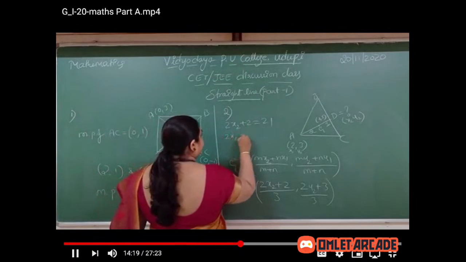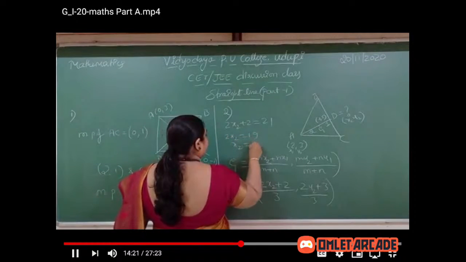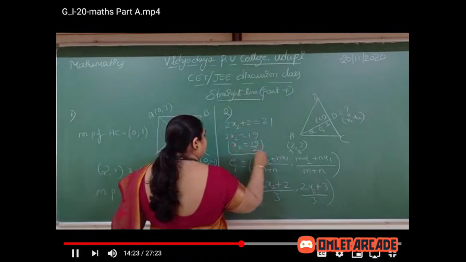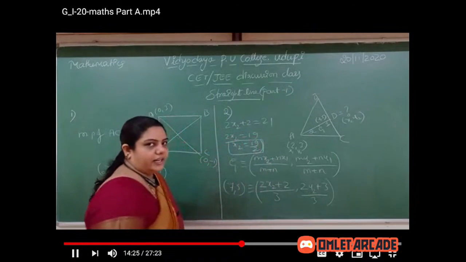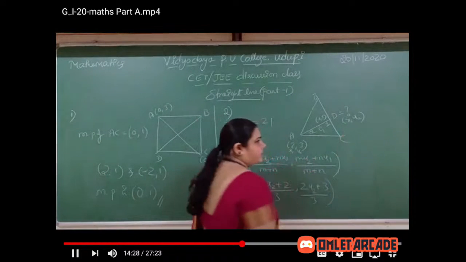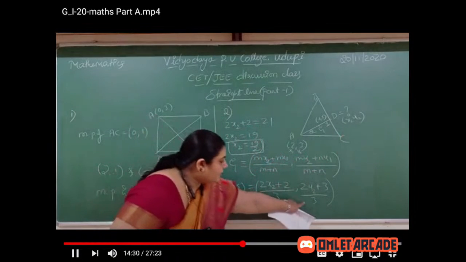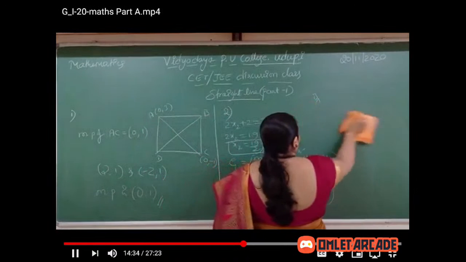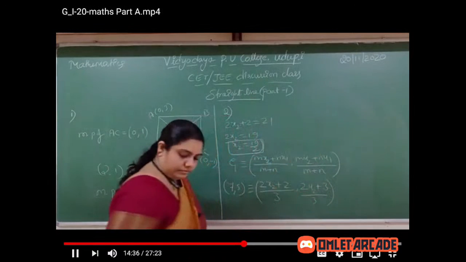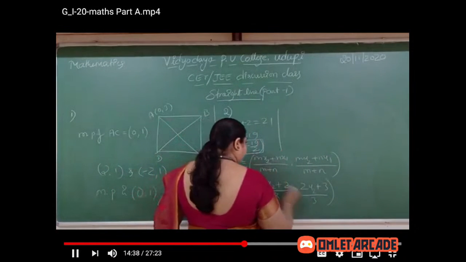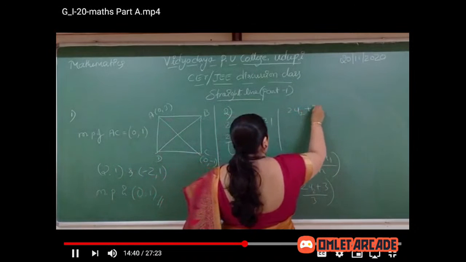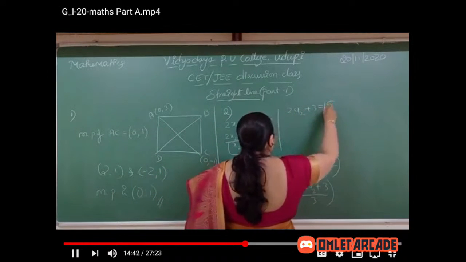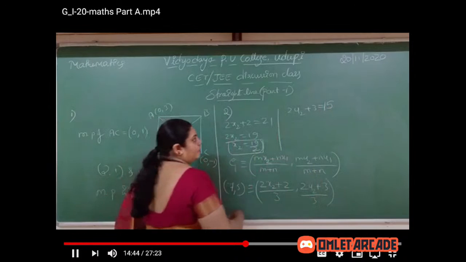So 2x2 is equal to 19, x2 is equal to 19 by 2. So you got the x coordinate of this point D. Similarly, solve this by equating these two, you will get the y coordinate. So I am equating the y coordinate. 2y2 plus 3 is equal to 15, 3 fives are 15.